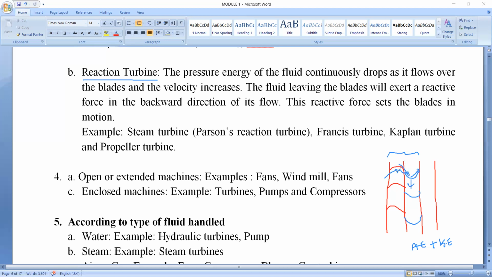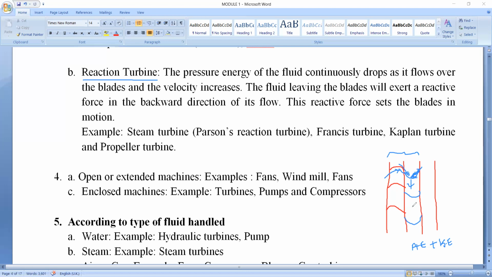The first force is due to the kinetic energy plus pressure energy of the fluid coming out from the fixed blades. Also, when the fluid is leaving the moving blades, it produces back pressure, which is also responsible for rotation of the shaft.